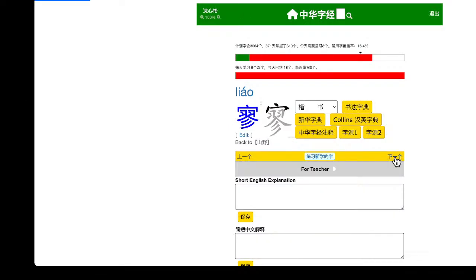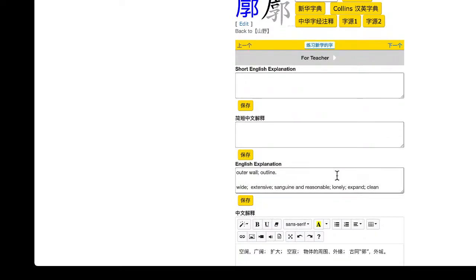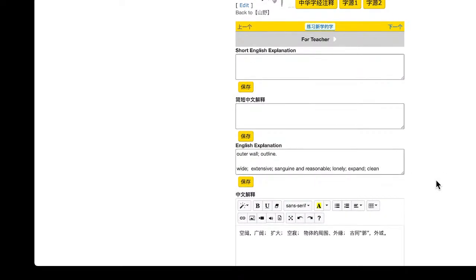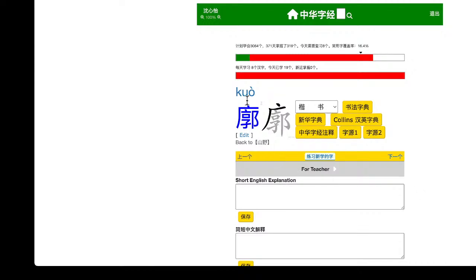And next one, 廓. 廓 means outer wall of a building, or the outline, and because of that it is also used as an adjective meaning wide, extensive. Particularly if there's a building complex, the outer outline or outer wall of that complex is called a 廓.